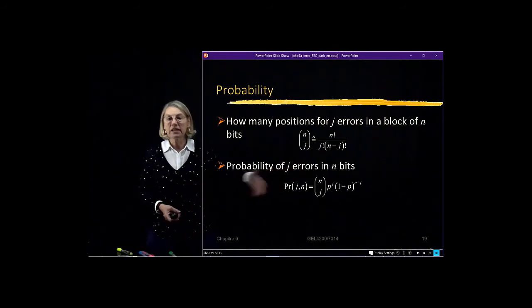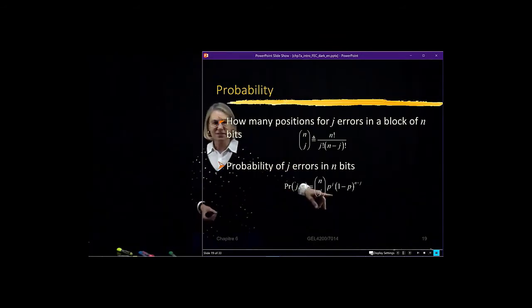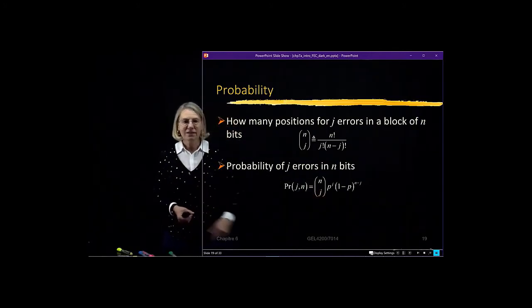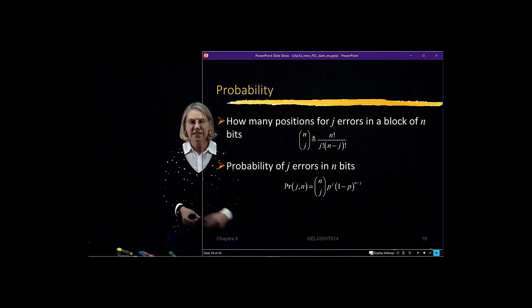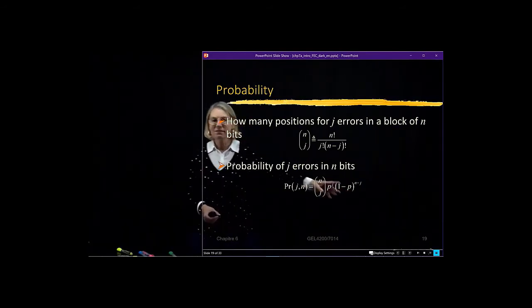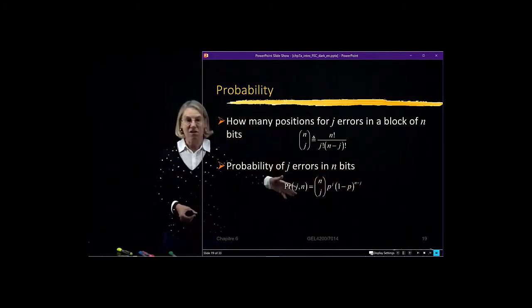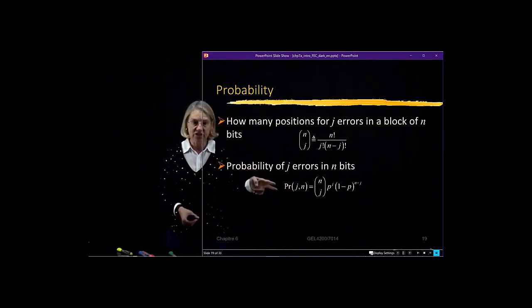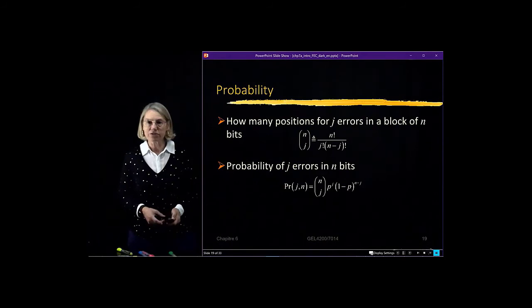So what is the probability of getting j errors? Assuming the probability of bit error is p, then p to the j, there's j bits in error, and 1 minus p, the probability I won't have an error, raised to the power of n minus j. Those are the number of bits which were not in error. So this is a classic calculation of the probability of having j errors in n bits.